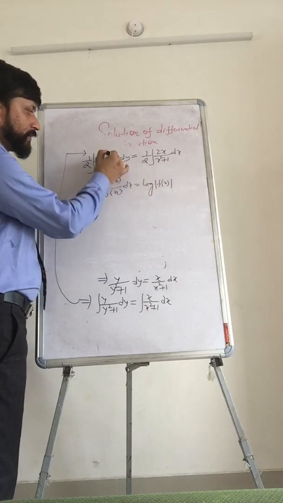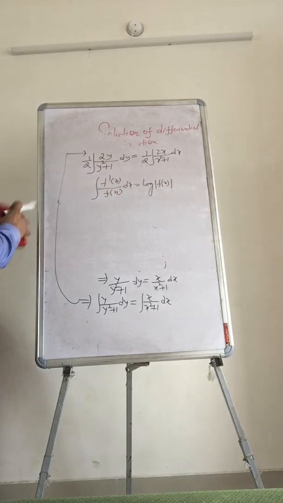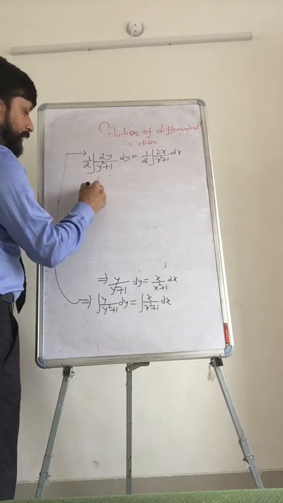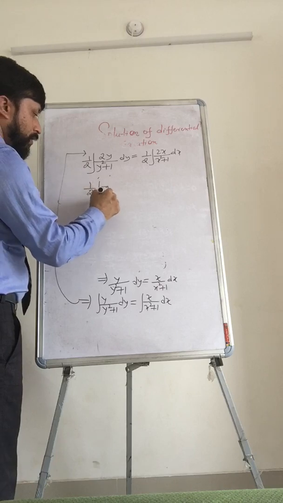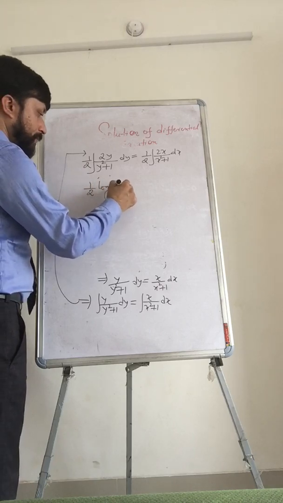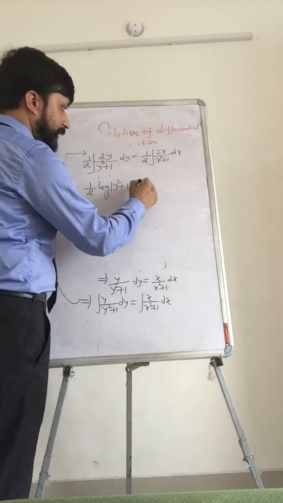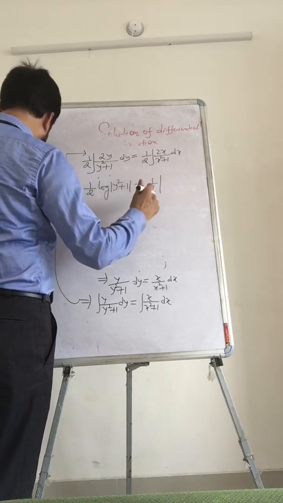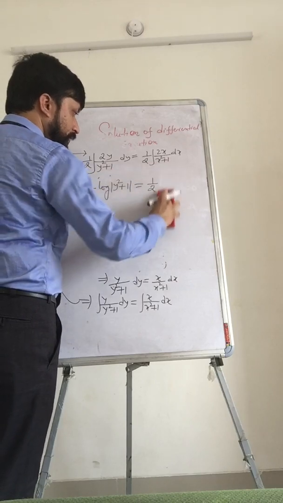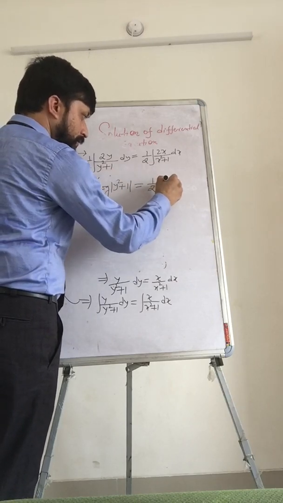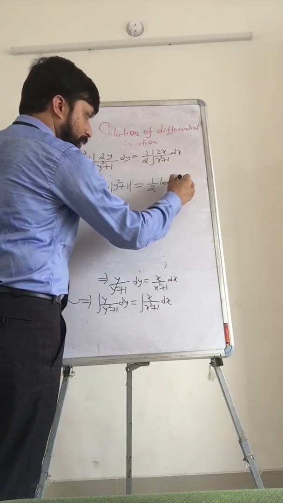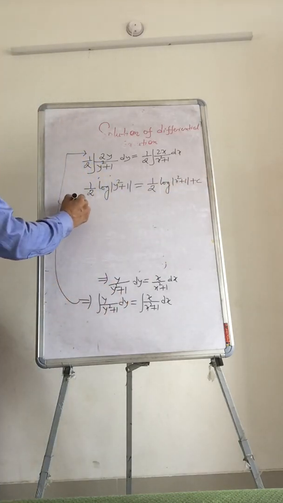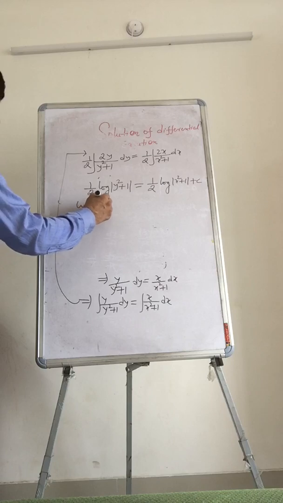So here it is in this form. What can we write here? We can write now 1 by 2 log of (y square plus 1), and here minus 1 by 2 log of (x square plus 1) plus c.